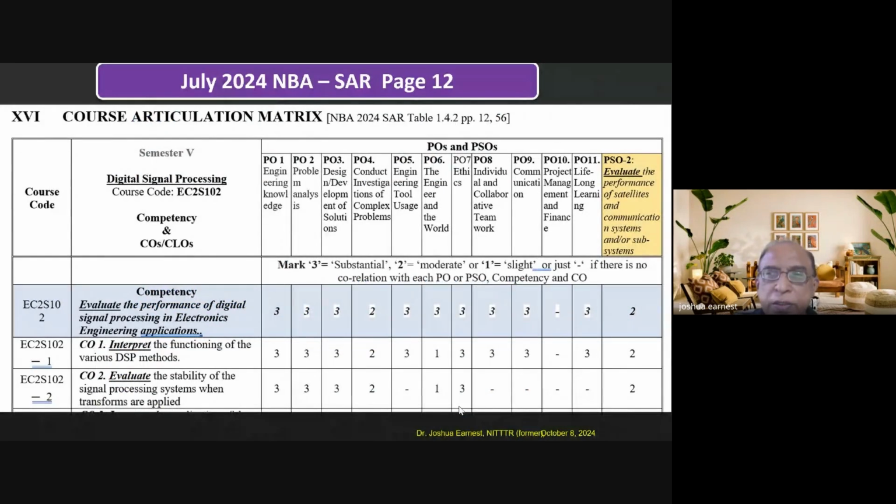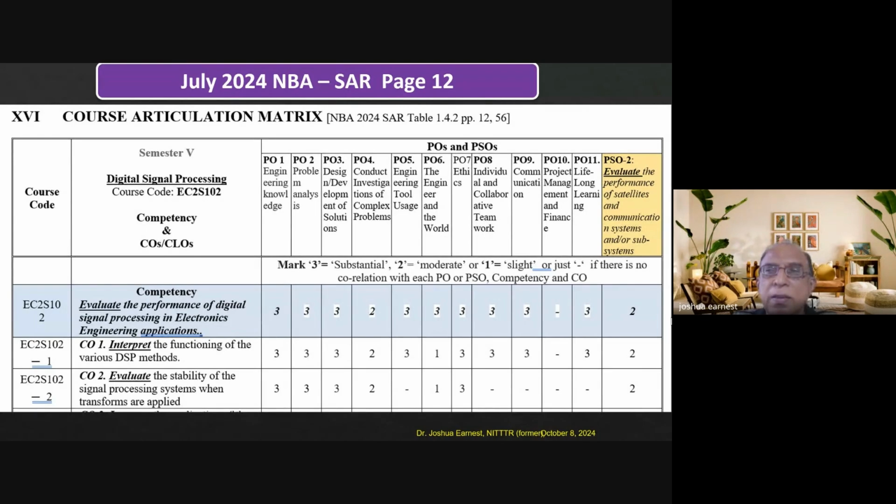This is what I have done. For digital signal processing, the competency is given, the PSO is given, PSO2 is being addressed, then the COs are given like this. Everything is much clearer here than what SAR 2024 has given.